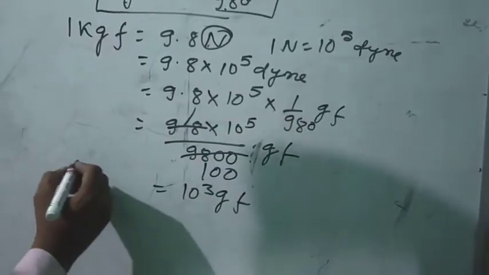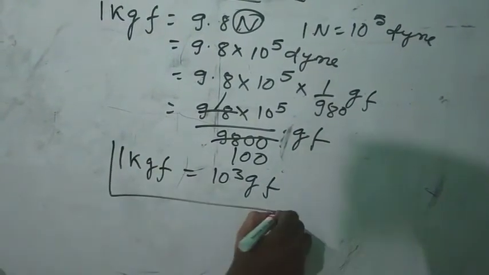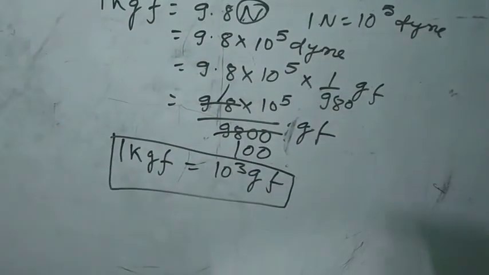So 1 kilogram force is equal to 10 to the power 3 gram force.